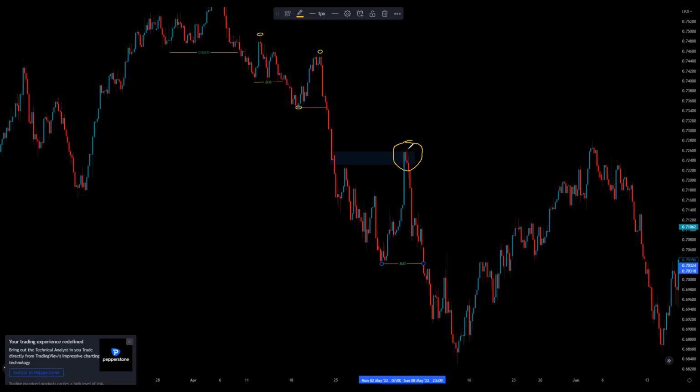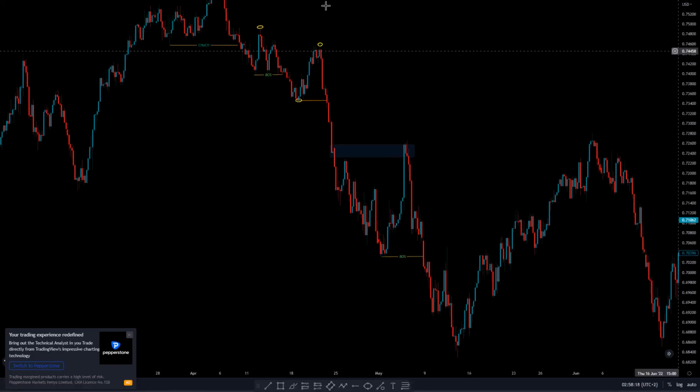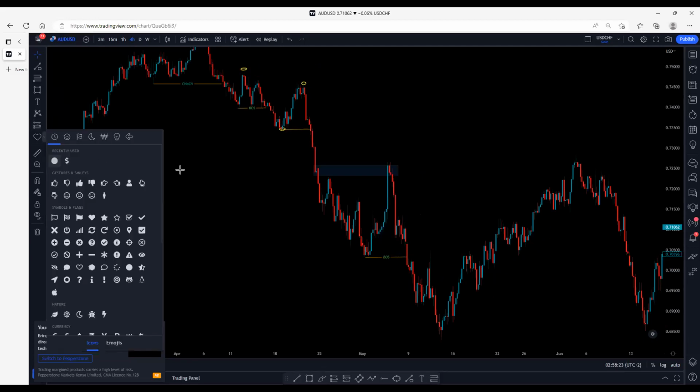So as long as the price is below this, the price is still bearish. Finally, the price creates this lowest point, right? So that becomes our lowest point.